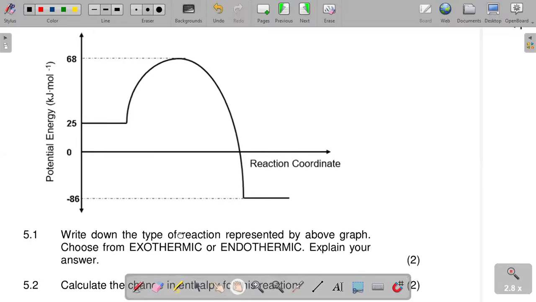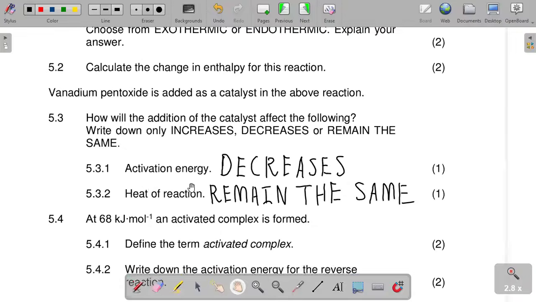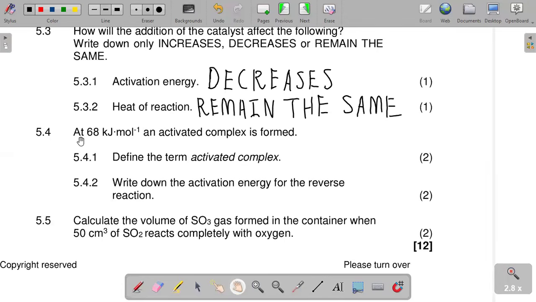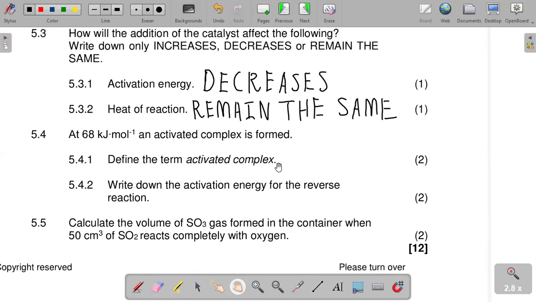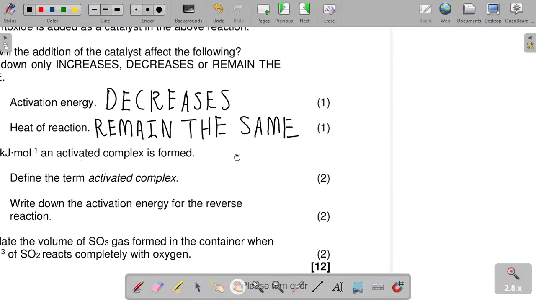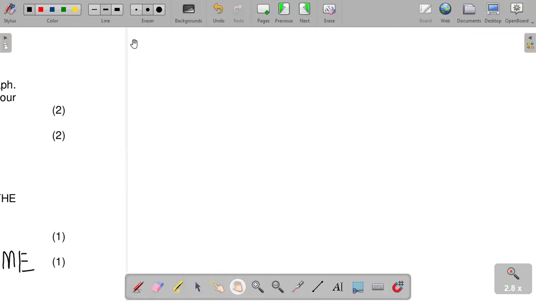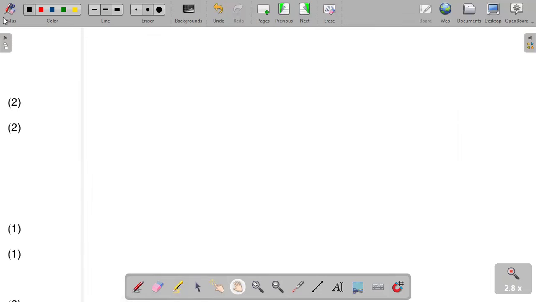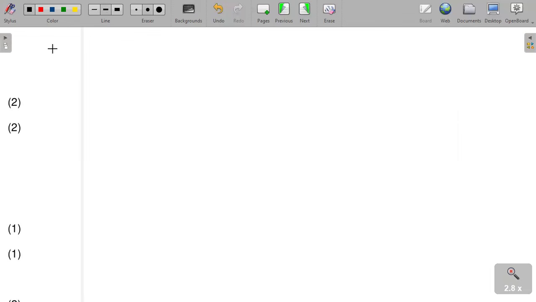So 5.4.1, they want the definition for activated complex.